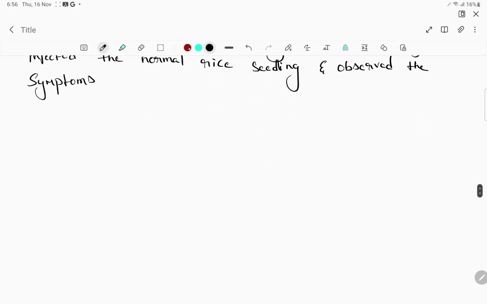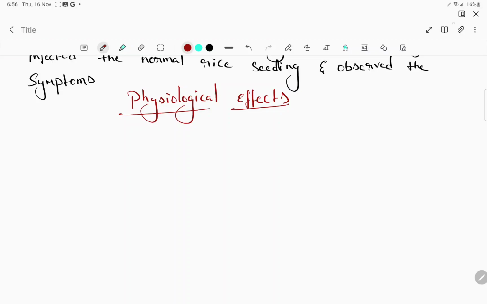So let's see the physiological effects. For gibberellic acid, I'll tell you an easy mnemonic.